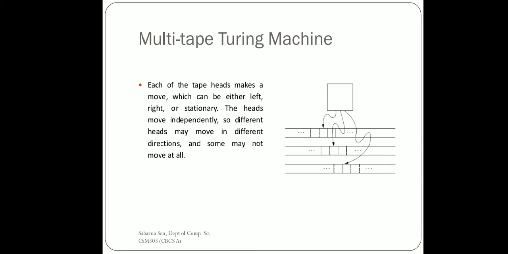Fine. Now we will see the equivalence of multi-tape and one-tape Turing machines. If we can prove that the multi-tape and one-tape Turing machines are equivalent, then we don't have to worry about the concept of multi-tape anymore, right? So how are we going to prove it?